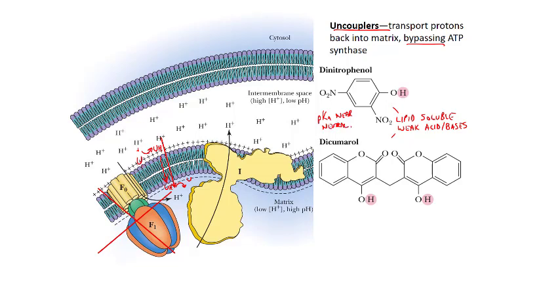So if it touches the intermembrane space side where the pH is slightly low, it will become protonated. But then when it drifts back over to the matrix side where the pH is above its pKa, it'll be deprotonated. So with uncouplers, the protons can go from the intermembrane space to the matrix without passing through ATP synthase.